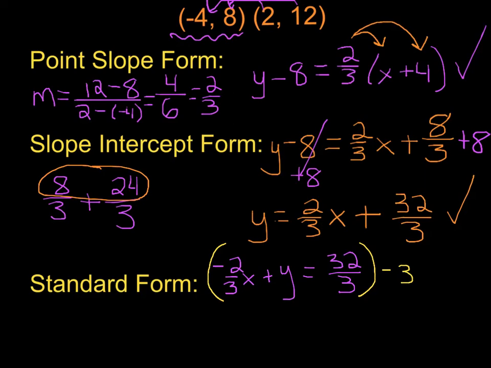So negative 3 times a negative 2/3 is a positive 2, so 2x, and negative 3 times y is minus 3y, equals negative 3 times 32/3, which is negative 32. So I have point-slope form, slope-intercept form, and standard form, all graphing the exact same line.